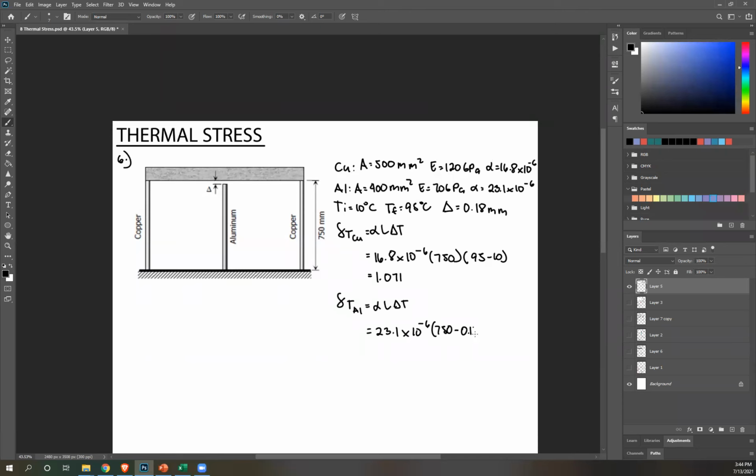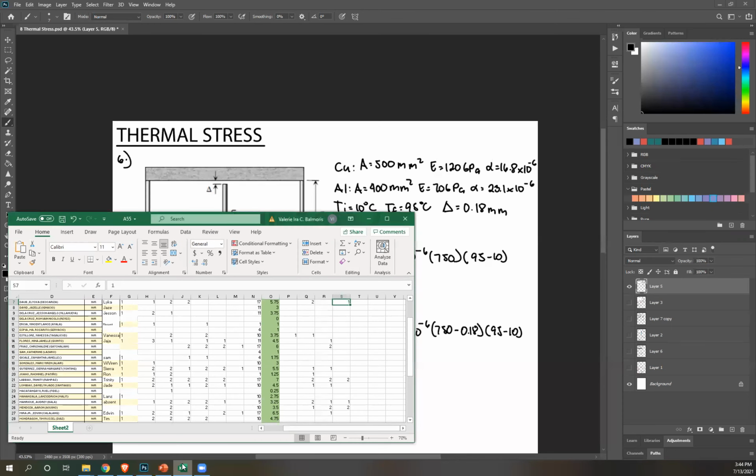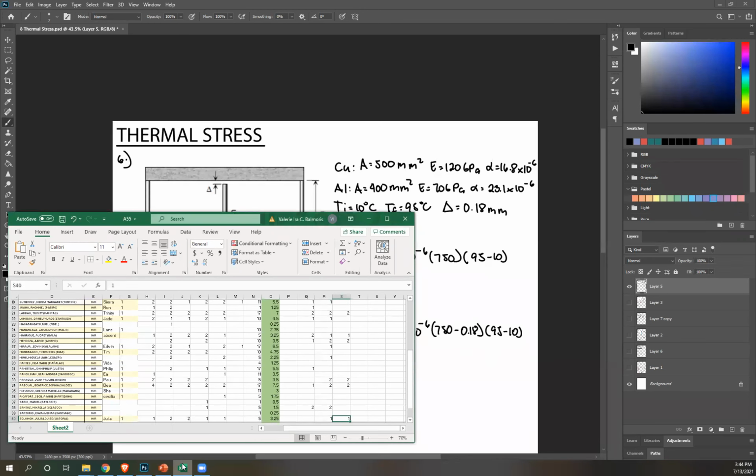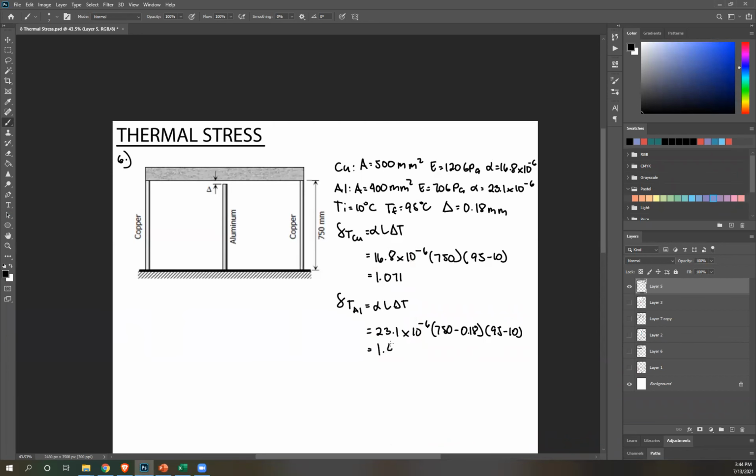So 750 minus 0.18, times 95 minus 10. Please solve. Correct. 1.47. Correct, Elika and VMA. Okay, so 1.47.